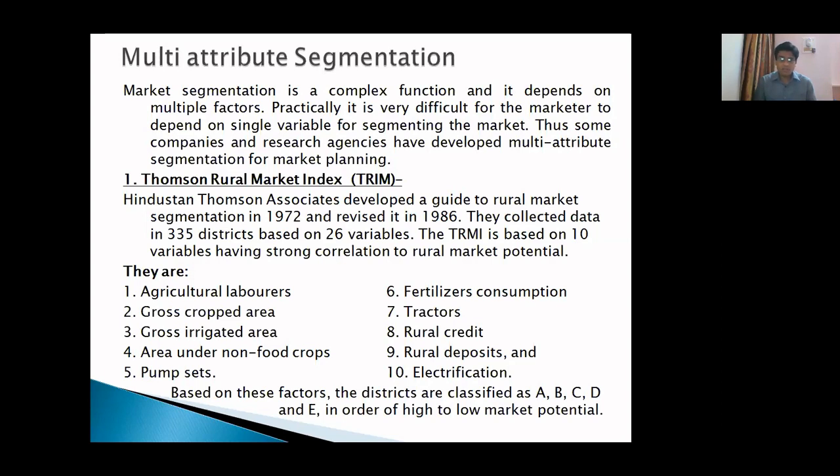These 10 variables include agricultural labor, gross cropped area, gross irrigated area, area under non-food crop, pump sets, fertilizer consumption, tractors, rural credit, rural deposits, and electrification. Based on these factors, districts are classified as A, B, C, or D in order of high to low market potential.